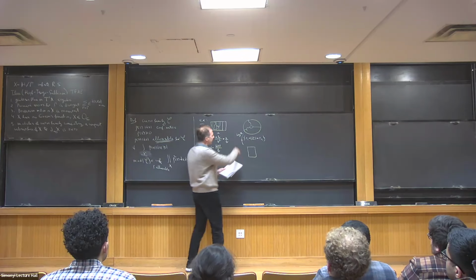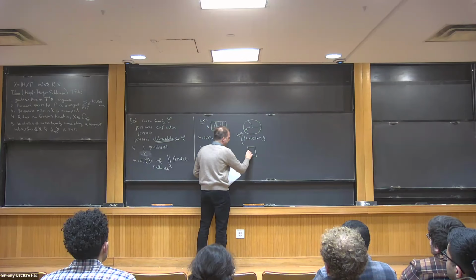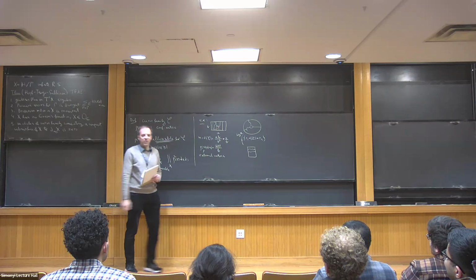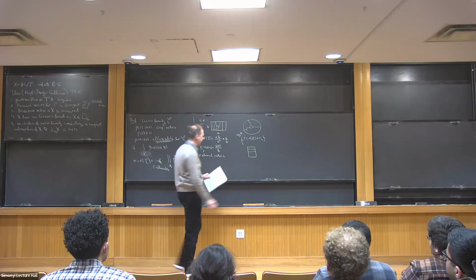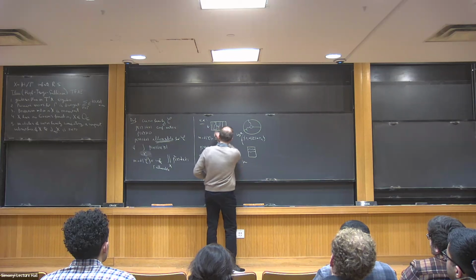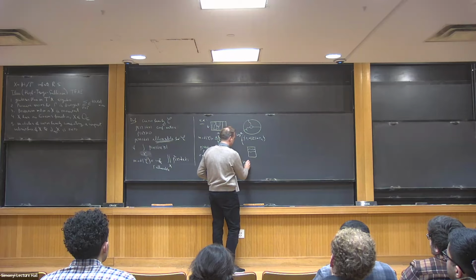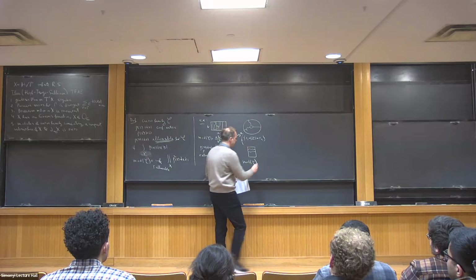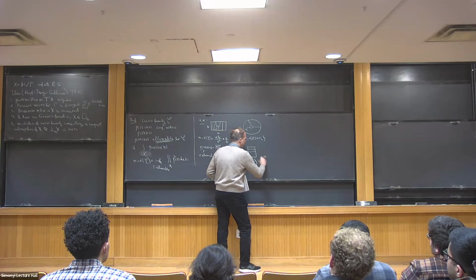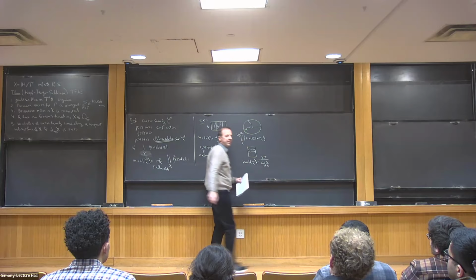Then your curve family becomes a curve family which connects these two vertical sides, and you can compute that, so the modulus in this case is 2 pi over log R2 over R1.